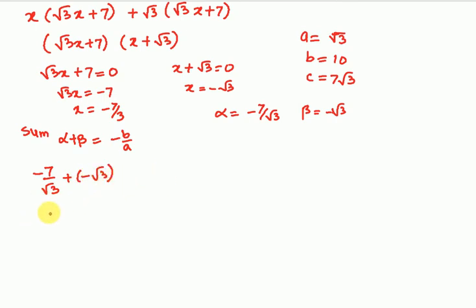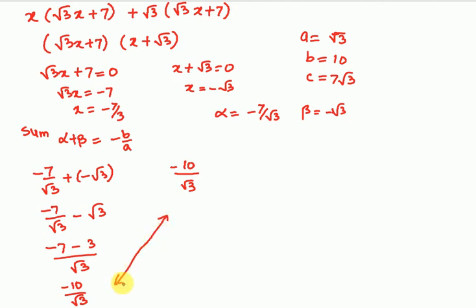So this simplification, minus 7 by root 3 minus root 3, minus 7 minus 3 by root 3, which is minus 10 by root 3. Now what is the value of minus b by a? B is 10, outside minus sign, a value is root 3. So minus b by a is minus 10 by root 3. Alpha plus beta we got minus 10 by root 3. Both are equal, so therefore we have verified this relation.